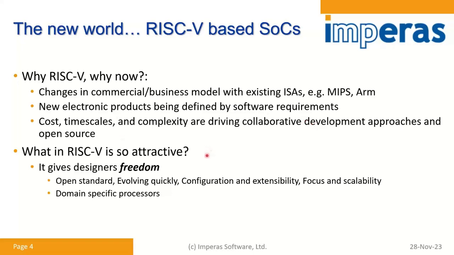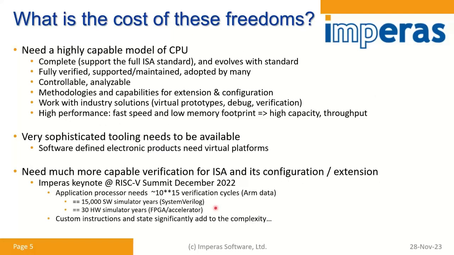What makes it so attractive is not the fact that it's open or standard. That's part of it, but the key thing is that it's freedom. It gives designers the freedom to develop their own processors, to configure and extend them, allowing them to do things they could not do before.